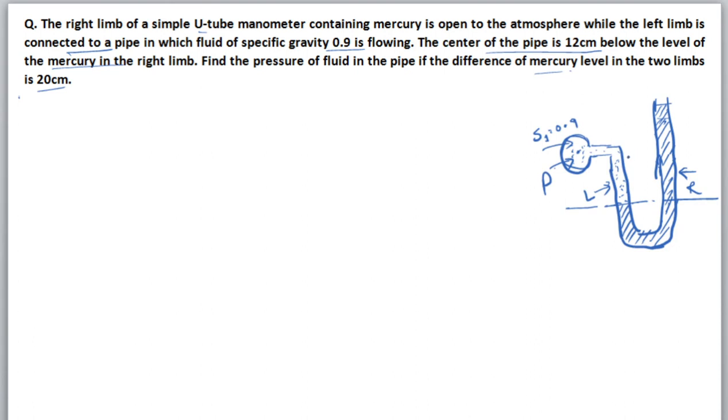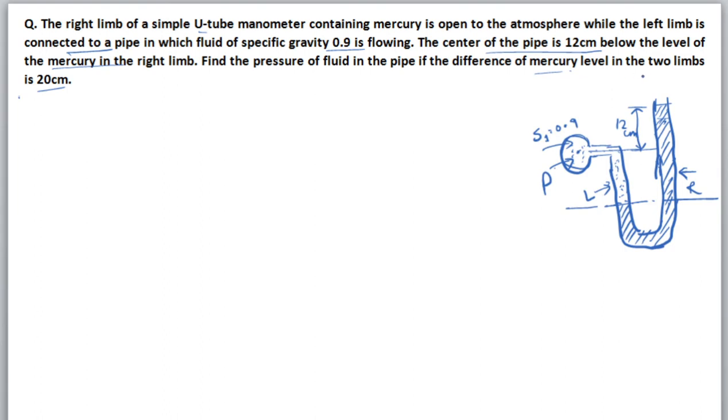So let us consider the first thing that is given. The center of the pipe is 12 centimeters below the level of the mercury in the right limb. That means this distance is 12 centimeter. And what else is given?